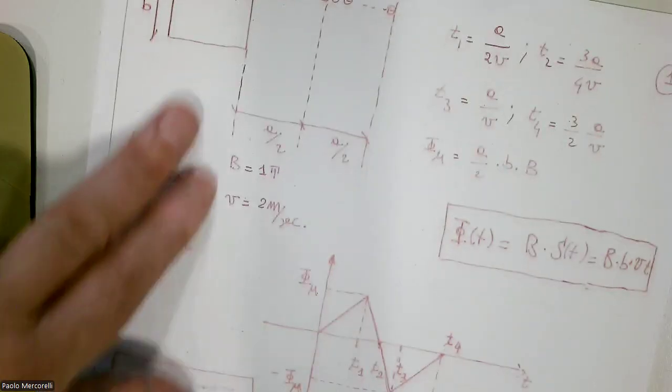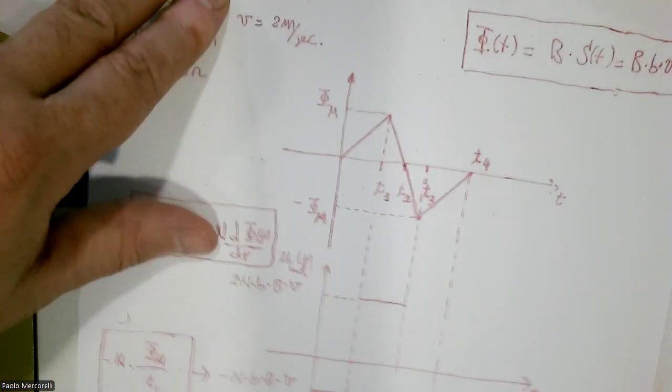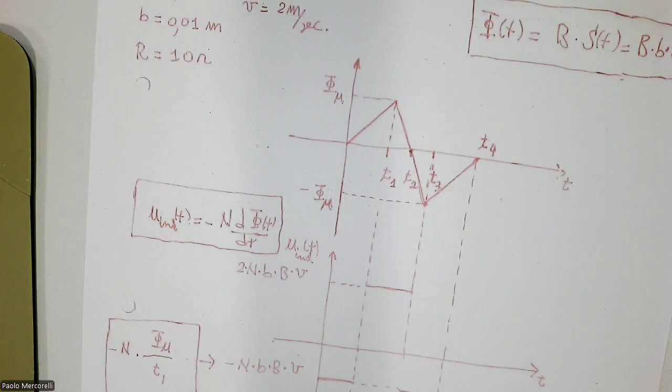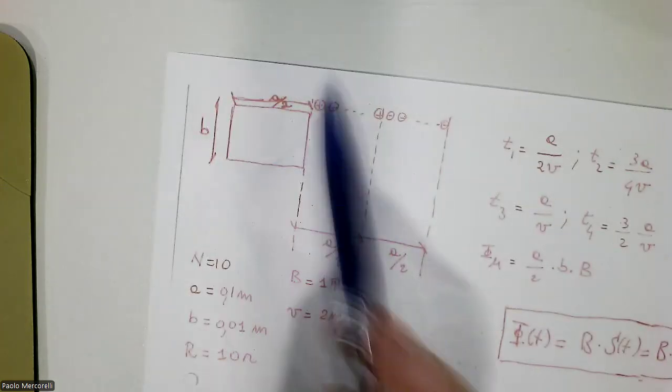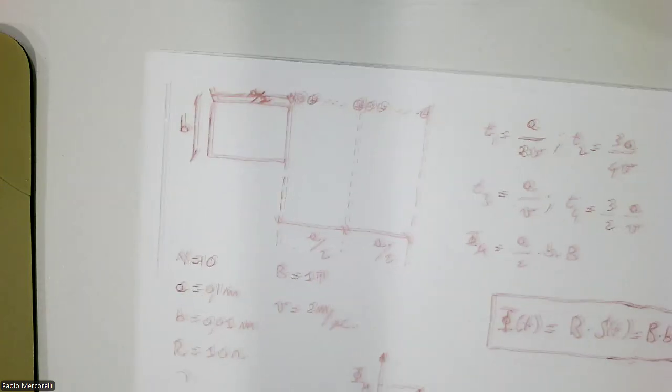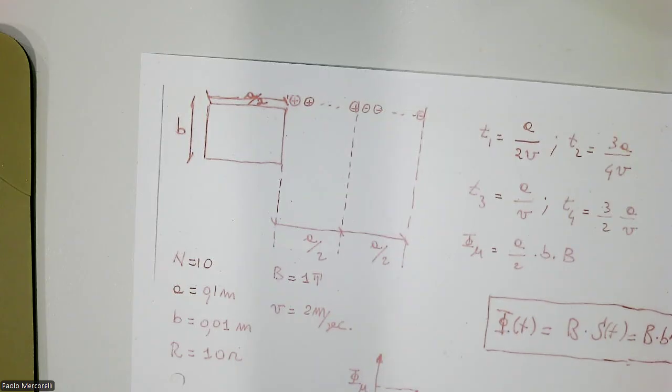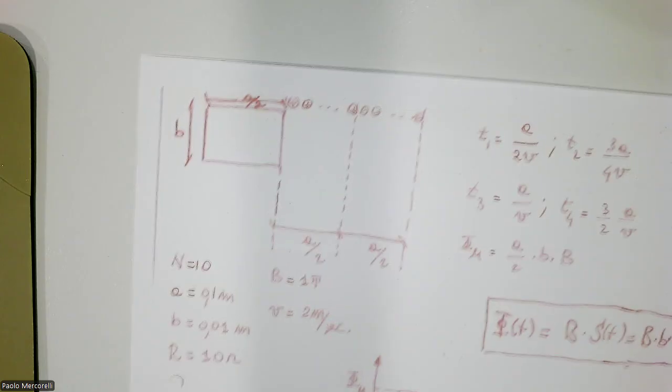Now, we have some other questions to be answered, but a couple of them are extremely easy. Because the second typical question is, please calculate the induced voltage. Meaning, when the coil is going inside, do you remember the Lenz effect and so on?